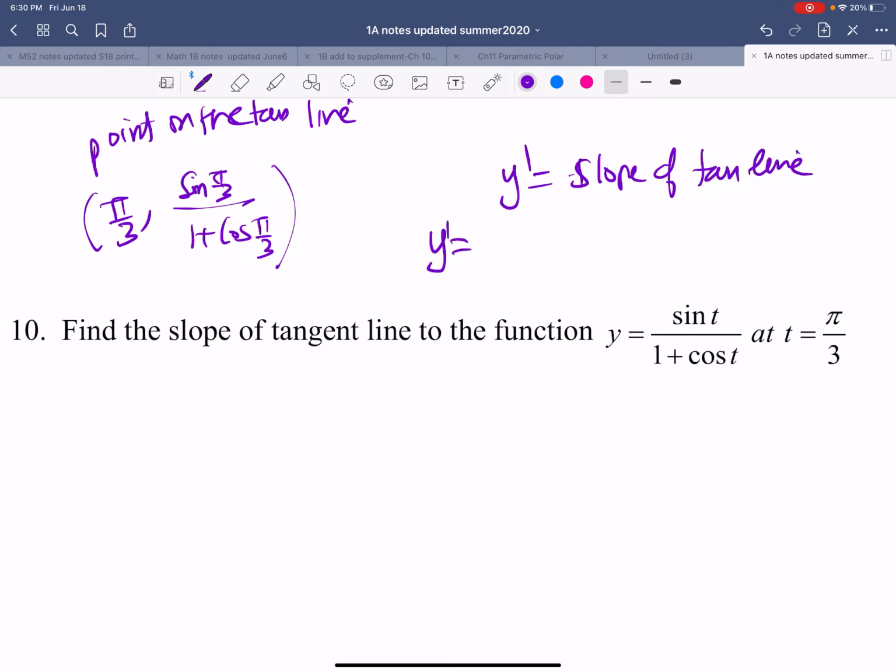So y prime comes out to be, we'll have to use the quotient rule here because we have a quotient of the function. So y prime would be 1 plus cosine t squared, 1 plus cos t times derivative of sine t, which is cosine t, minus cos t times derivative of sine t, which is cosine t.